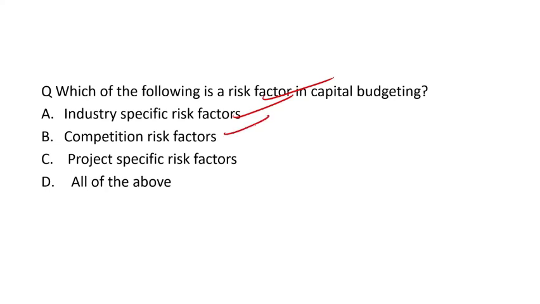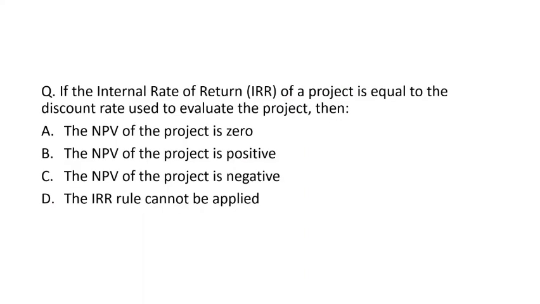If two companies are competing and one wants to take a capital budgeting decision, they will have to see what the competitors are doing, so this is also applicable. Investing in a project is associated with risk, so this will also be there. So obviously our right answer will be your favorite option, option D, all of the above.